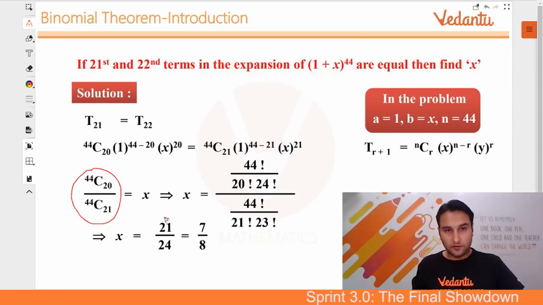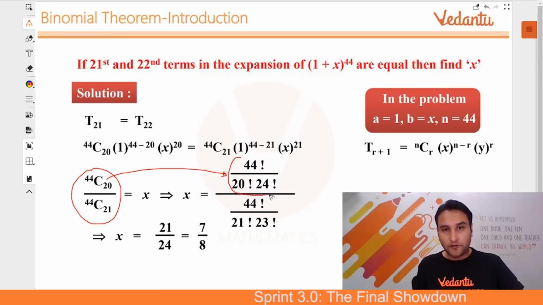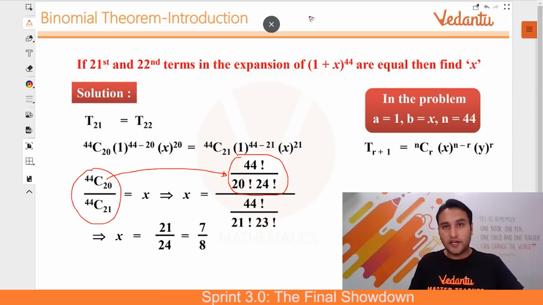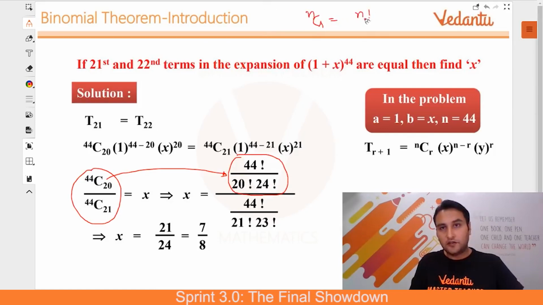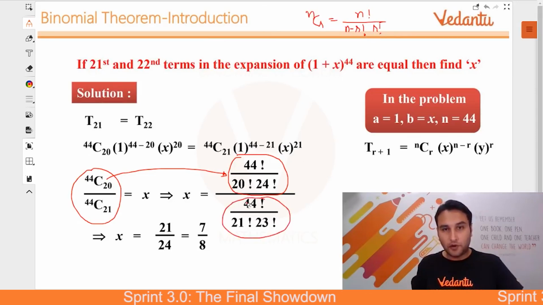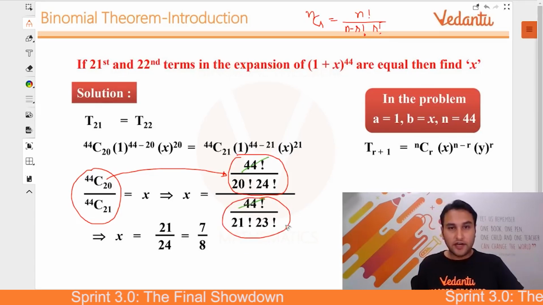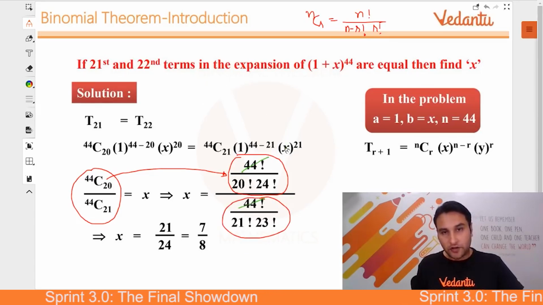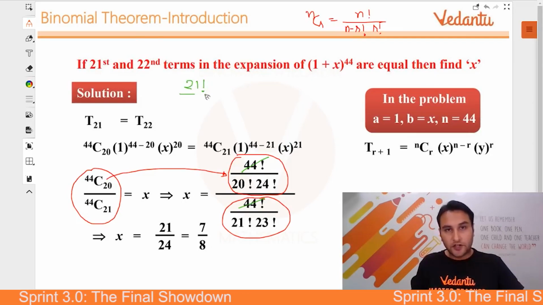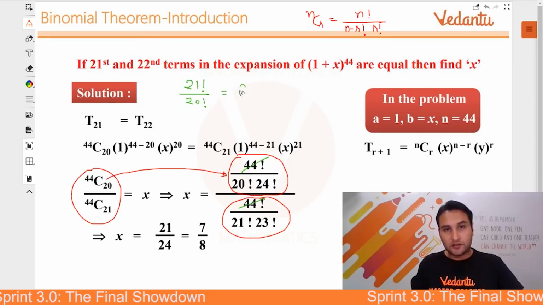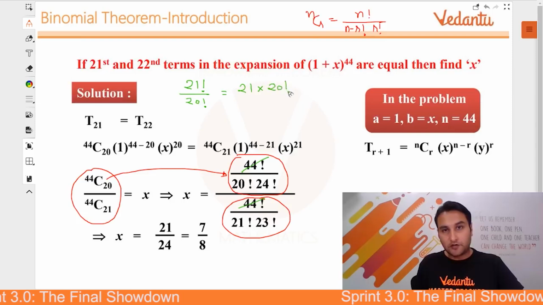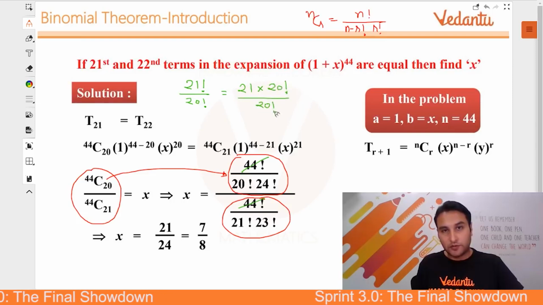44C20 upon 44C21. If you open it up, this will give you 44 factorial upon 20 factorial into, because what is nCr, everyone knows, right? nCr is n factorial upon n minus r factorial into r factorial. So 44 and 44 get cancelled, right? And I hope all of you also know, 21 factorial upon 20 factorial can be written as 21 multiplied by 20 factorial upon 20 factorial.